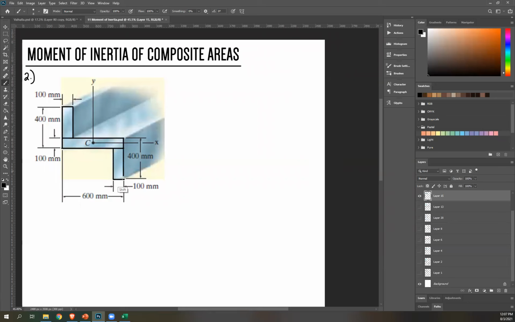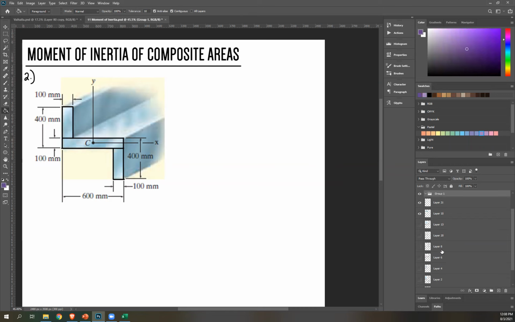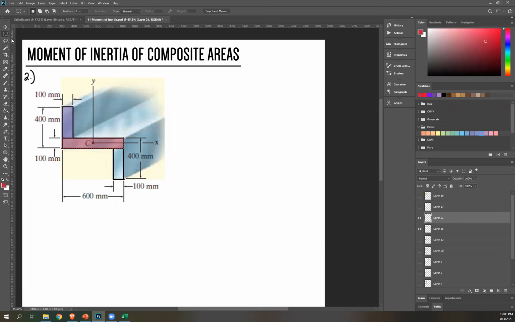And then let's label our rectangles. So let's call this block A, block B, and then block C respectively.